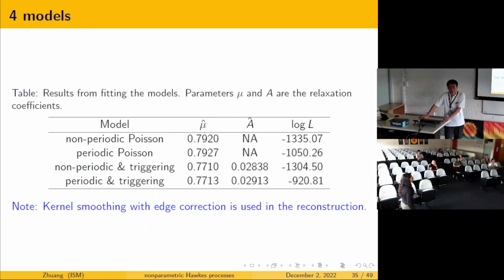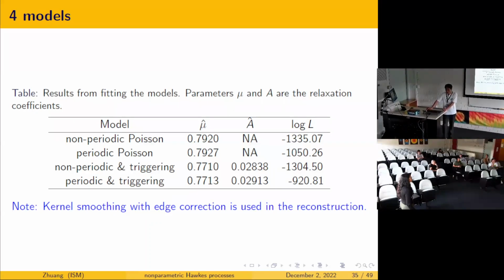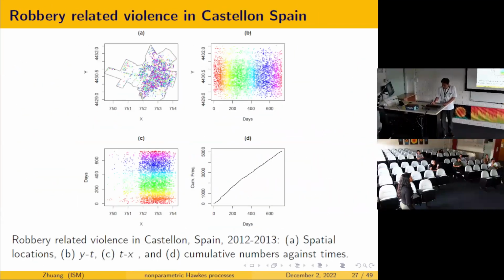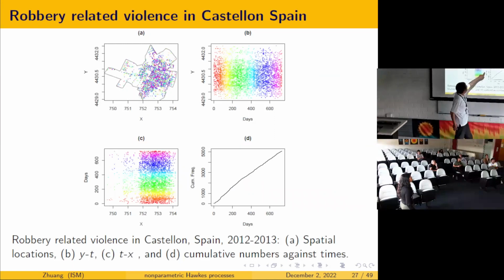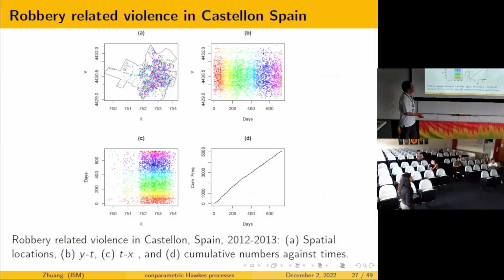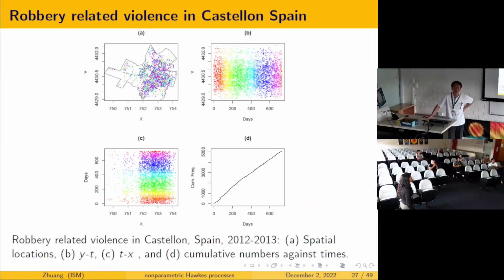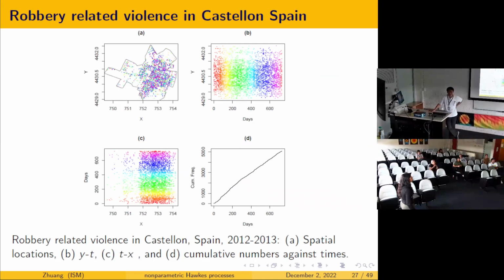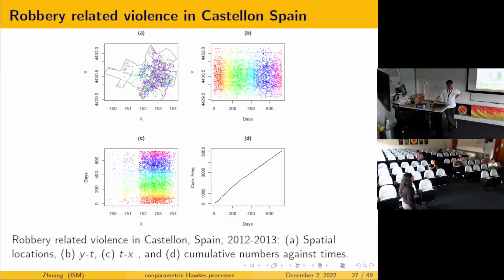Just out of curiosity, how many clients per day do you get? I have something like more than 5,000 in 2 years, so that means 7 to 10 per day on average, which is quite a big number, because Castellón is one of the worst cities in Spain.